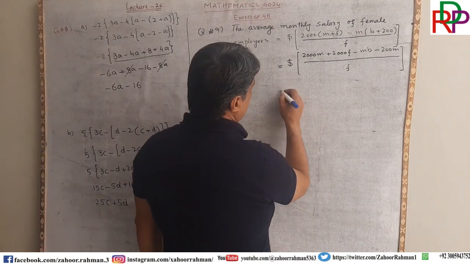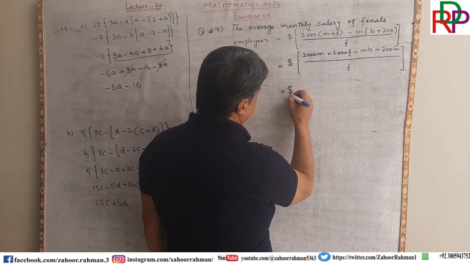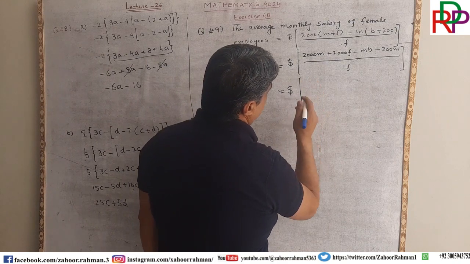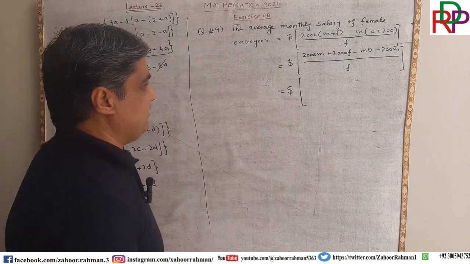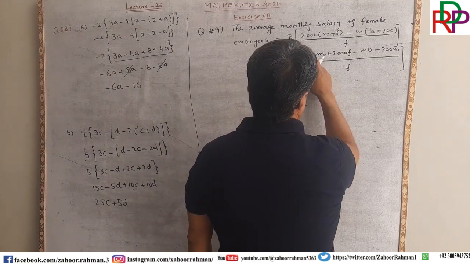Now let us move one step further, and we have to subtract the similar variables' values from each other.